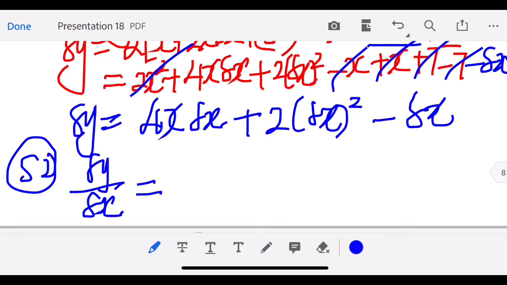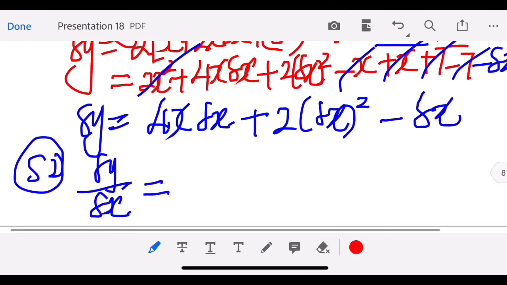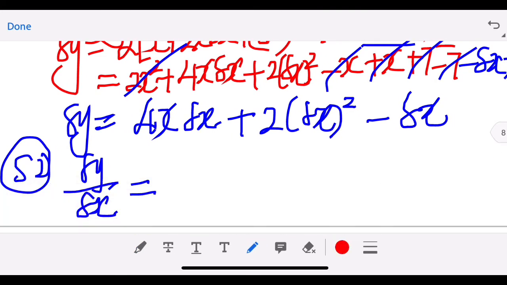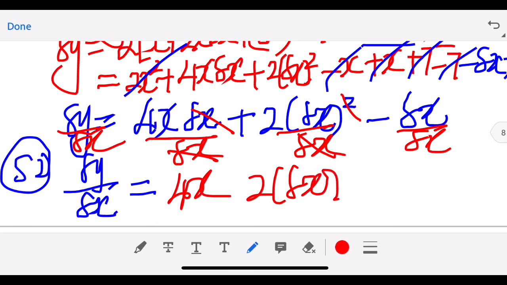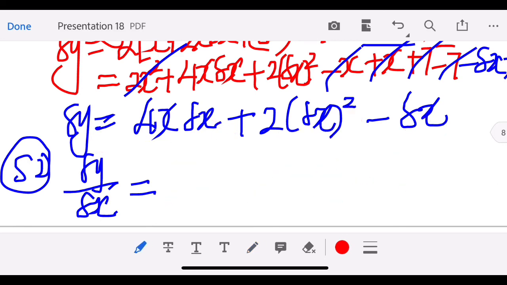So you can just divide term by term. So you can cut 4x, you can cut one of these, become 2 delta x, and you cut minus 1.